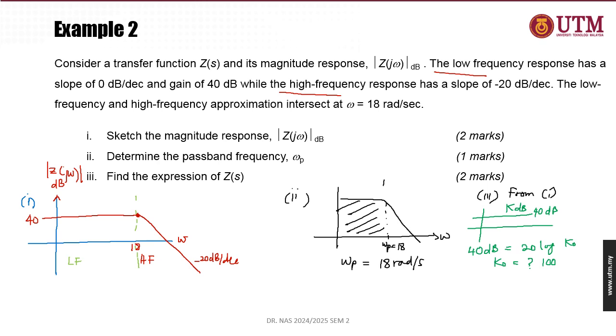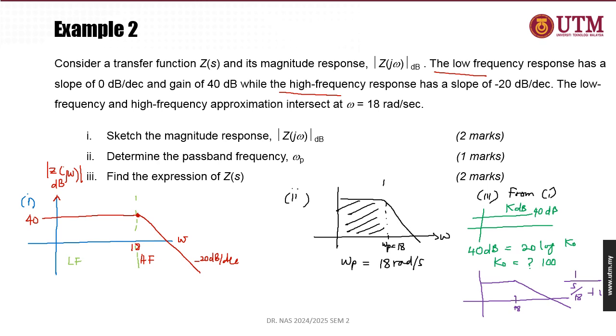So next, you know that there's a negative 20 dB slope from 18. So meaning that this is the pole at 18. Okay, so in this case, it is 1 over (s divided by 18 plus 1).